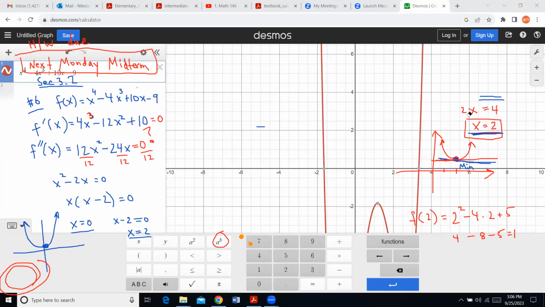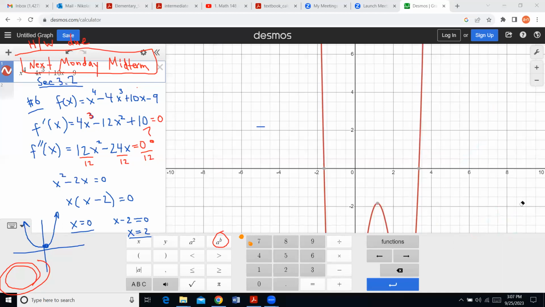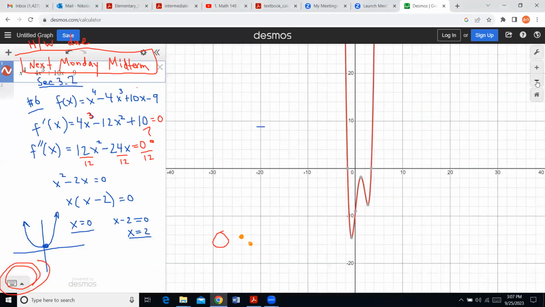What I can do with this graph is zoom it in and out so I can better see the actual function. So if I zoom out, I can see how the graph looks.